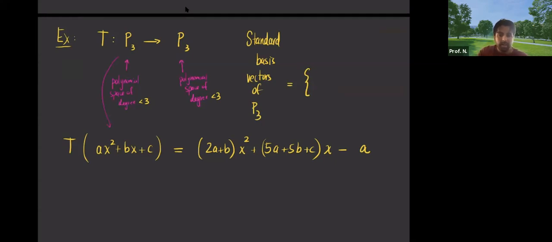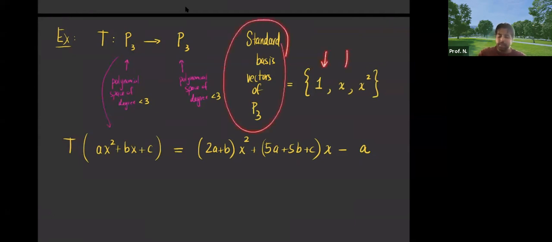The standard basis vectors of P3 are 1, x, and x squared. So in this new space, these are the building blocks. When you have a combination of these, then you have something that looks like this. Do you see the connection?